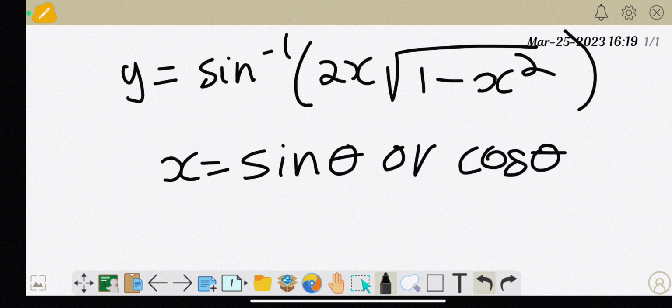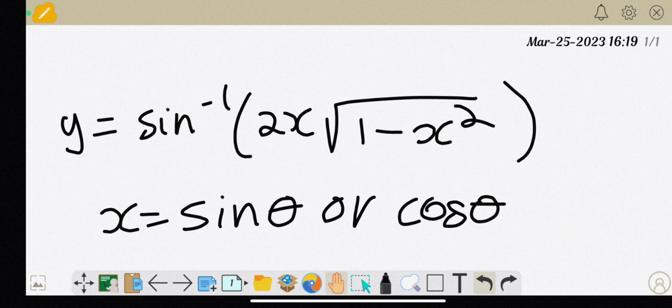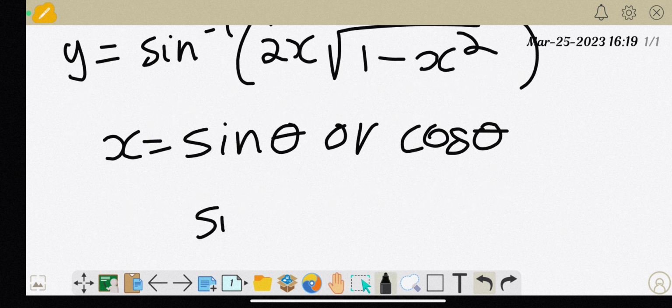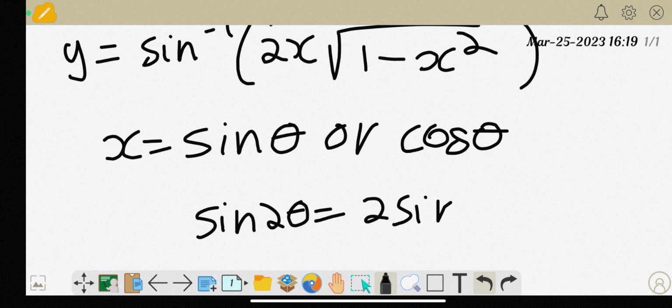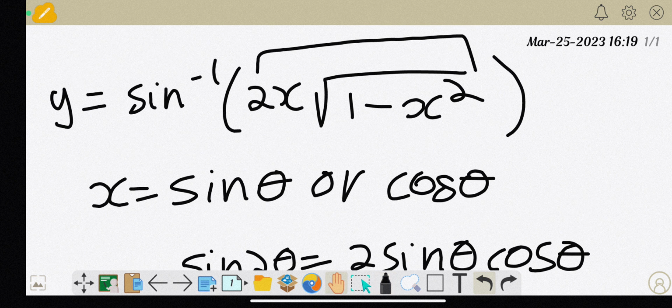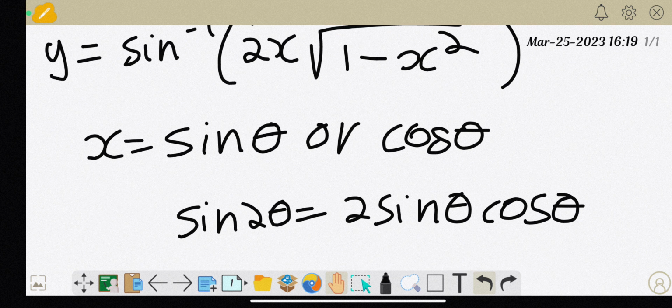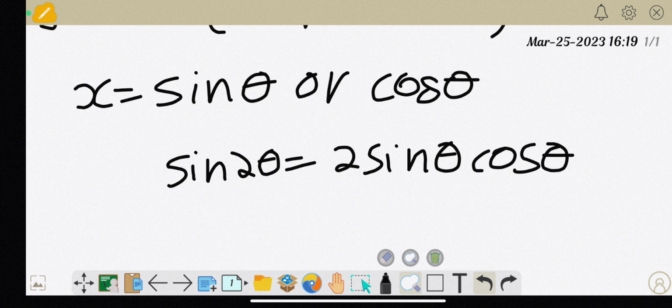Here our aim is to bring a sine function inside. The sine function we know is sin 2 theta is equal to 2 sin theta cos theta. Correct. So if you substitute one of the values, you will get your answer here. This is easy, not that difficult.